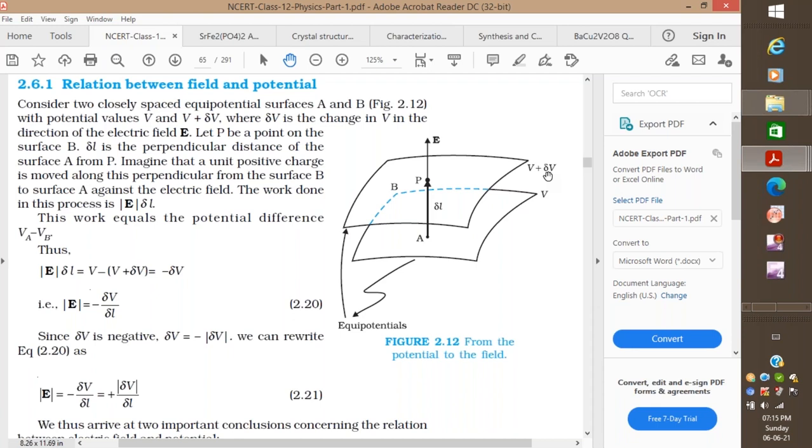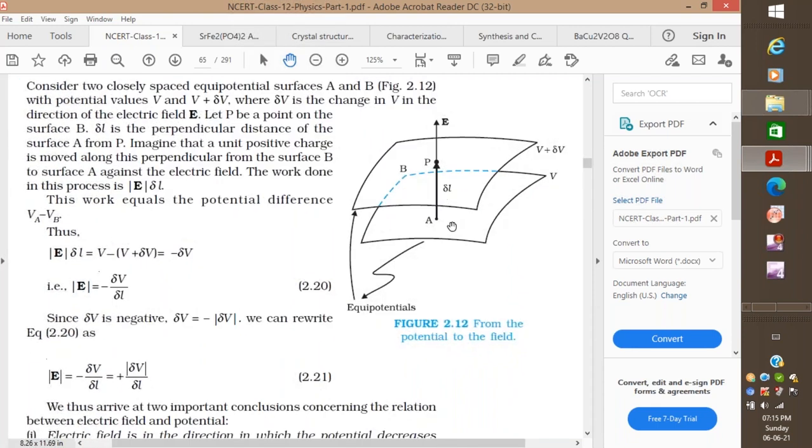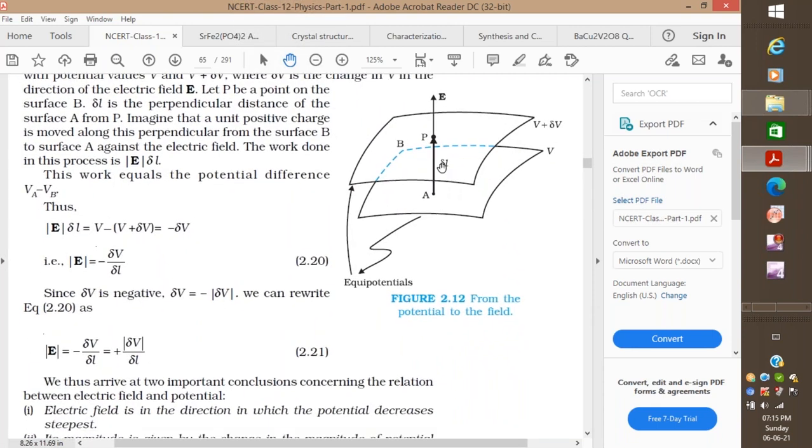Now I am taking two points. This is surface A, one surface, and the difference between the surfaces is delta L. Now, if I take one positive charge and move it from P to A, the electric field is directed in this way.